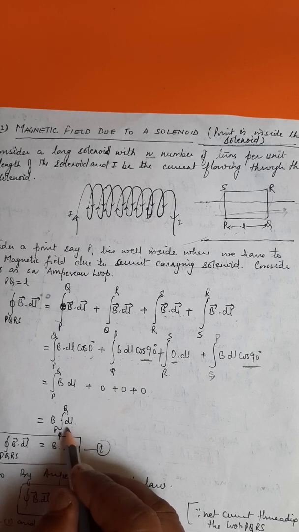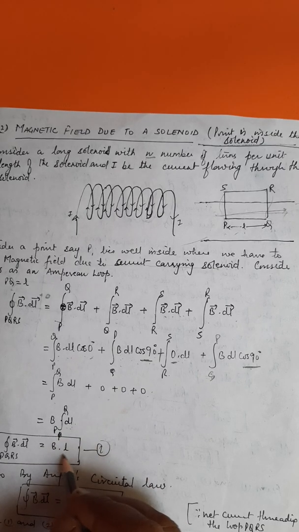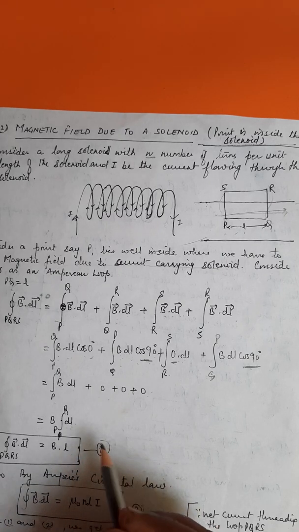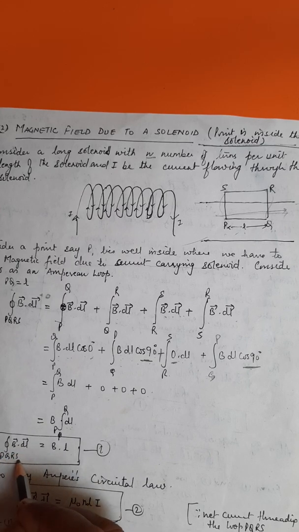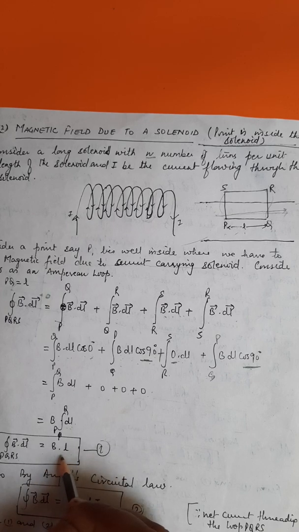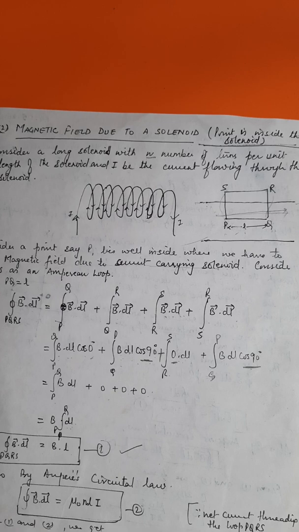It is L. So the first expression we get is that the closed integral of B dot dl for the path PQRS is equal to B into L.